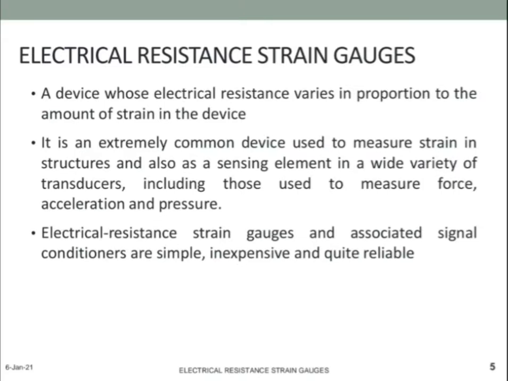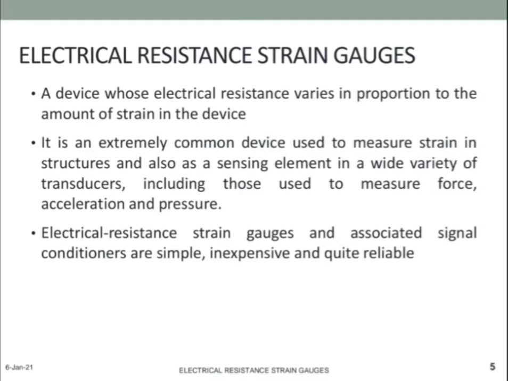Electrical resistance strain gauges are devices whose electrical resistance varies in proportion to the amount of strain in the device. These are also devices which satisfy many of the characteristics of ideal strain gauges.